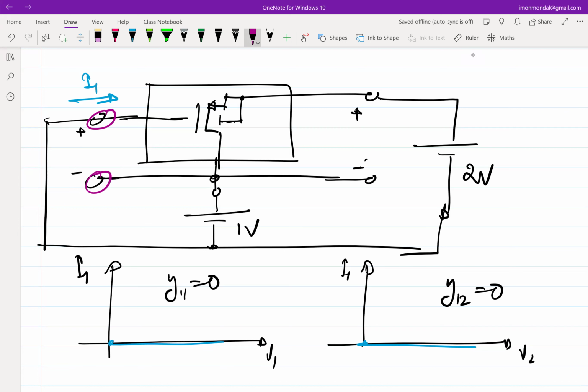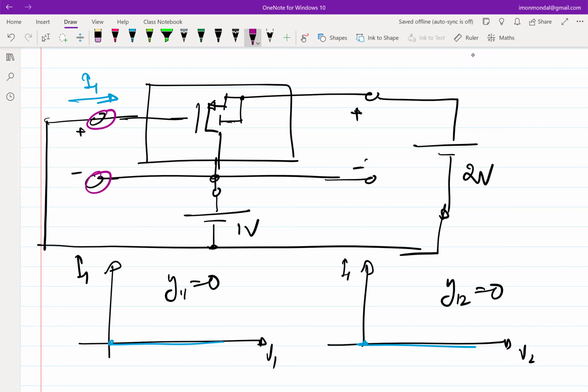So this is good, in the sense that the desirable characteristics of our Y parameters were that Y11 and Y12 should be 0, which looks like we are on the right track. Okay, yes.